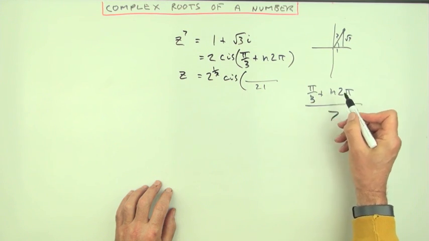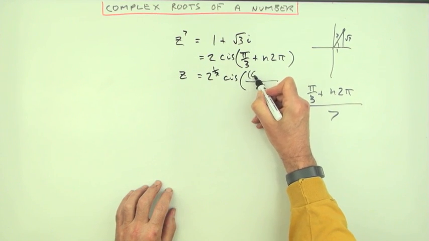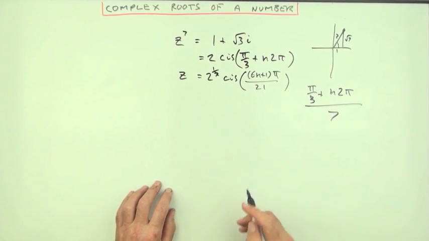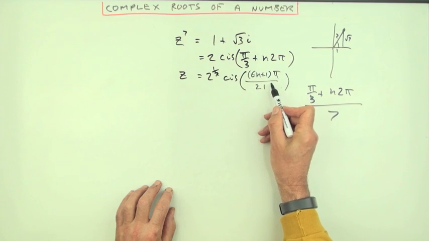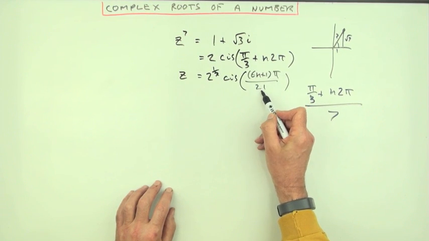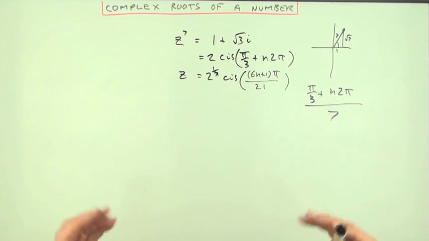So you've got pi plus 6n pi, so that would be 6n plus 1 pi upon 21. But that just means you're going to start at pi upon 21 and then keep adding 6 onto that, so it'll be pi upon 21, plus 6, 7 pi upon 21, and so on.